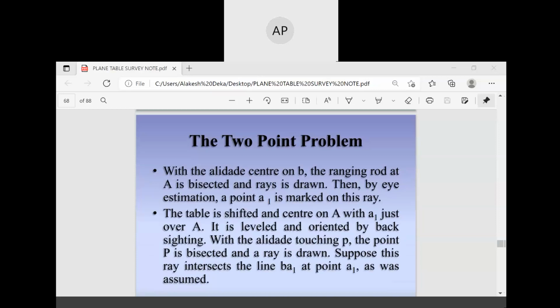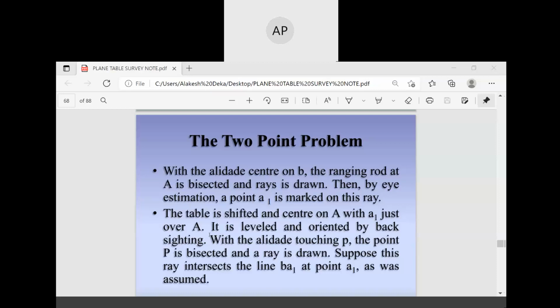The table is shifted and centered at A with A1 just over A. It is leveled and oriented by backsighting with the alidade touching P. The point P is bisected. Okay, we have to bisect with the alidade, small p with P, and a ray is drawn.